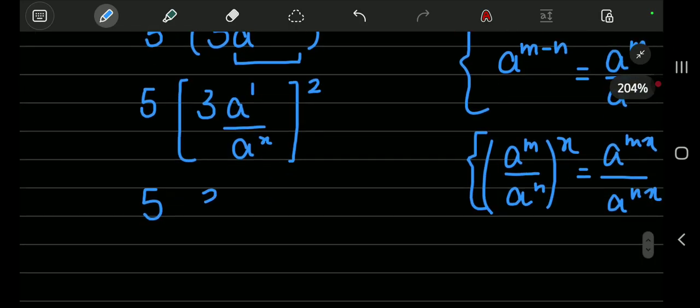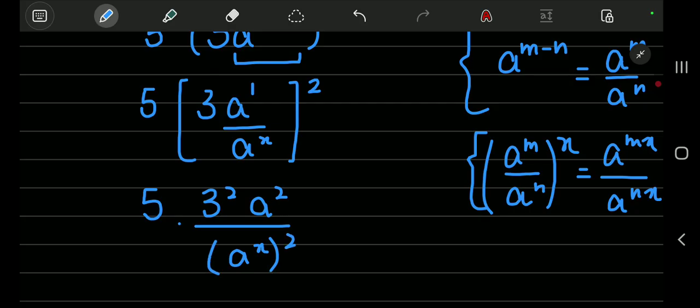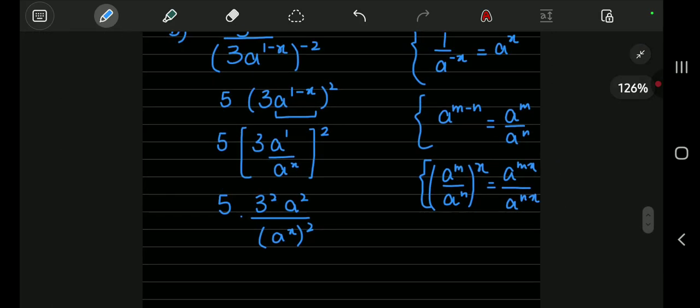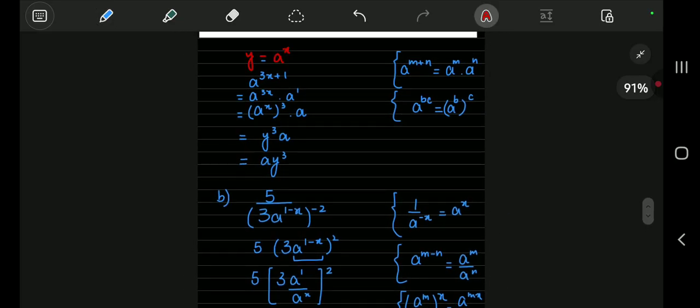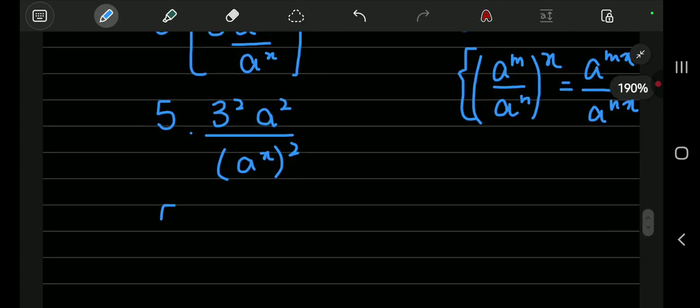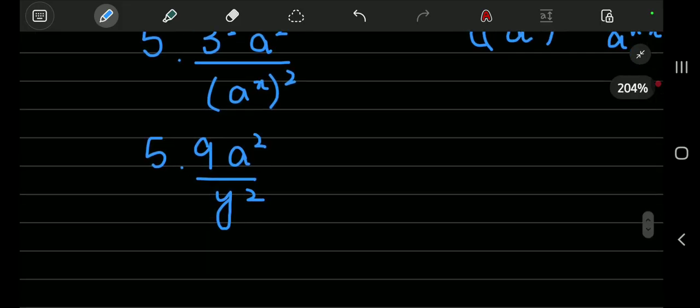So we will have 3 to the power 2, a to the power 2, and in the denominator a to the power x whole power 2. Why am I not multiplying it? Because we need a to the power x to be in terms of y. So we do 5 times 3 squared, which is 9, a squared over y squared. 5 times 9 is 45, so 45a squared over y squared.